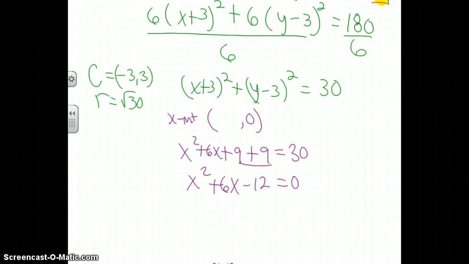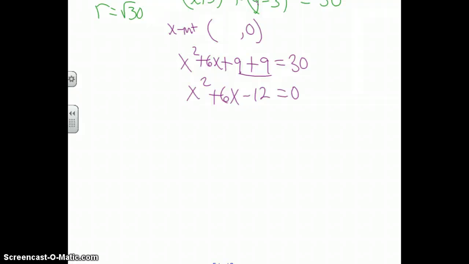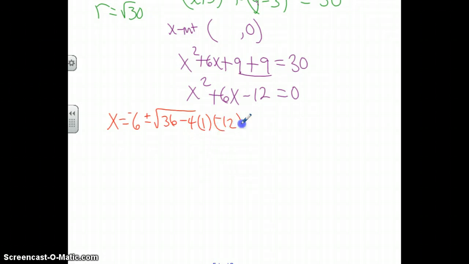I don't think they exist, so I'm going to use the quadratic formula here. x is equal to negative b plus or minus the square root of b squared minus 4ac, all divided by 2a.